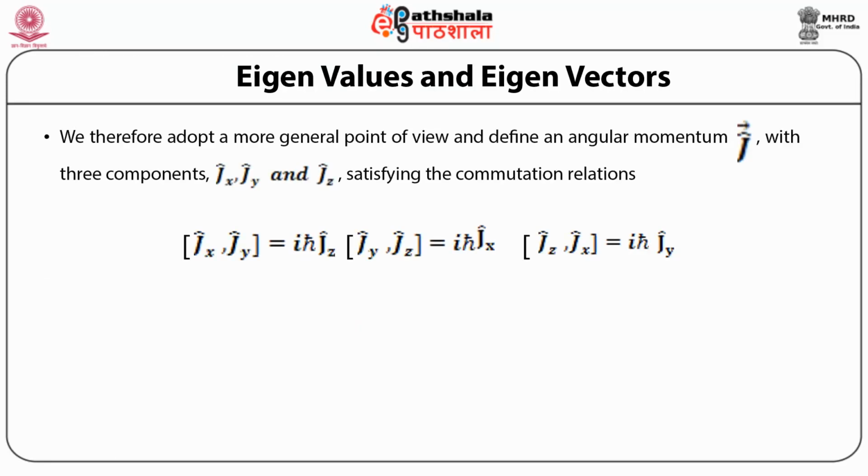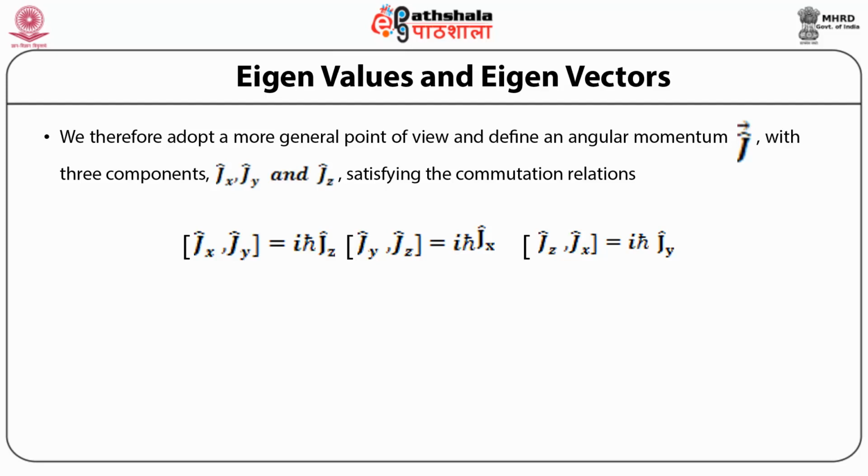We therefore adopt a more general point of view and define an angular momentum operator J with three components, operator Jx, operator Jy, and operator Jz, satisfying the commutation relations given as the commutator of Jx with Jy equals iħJz.